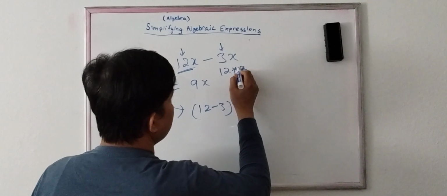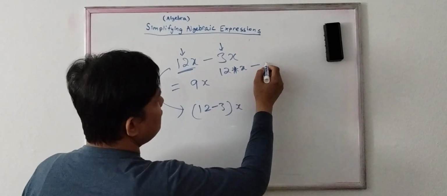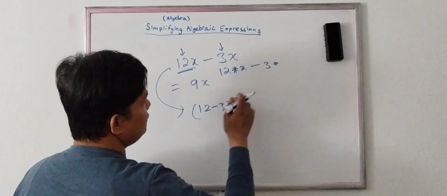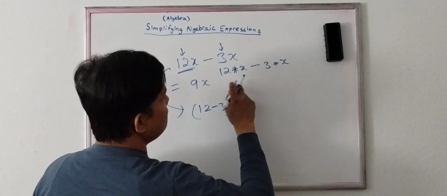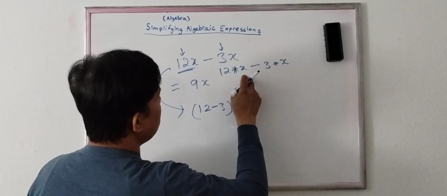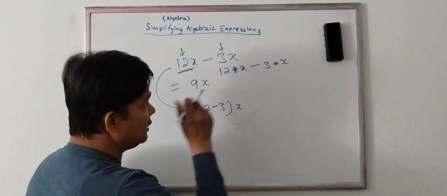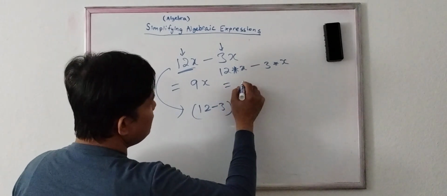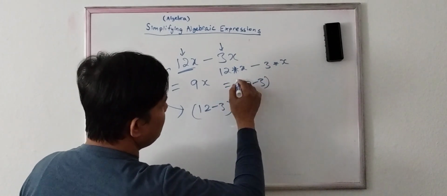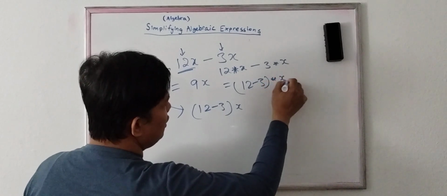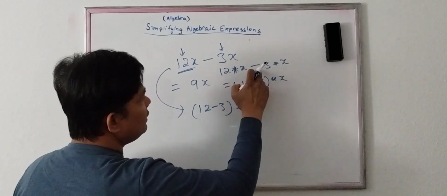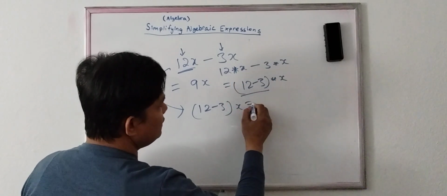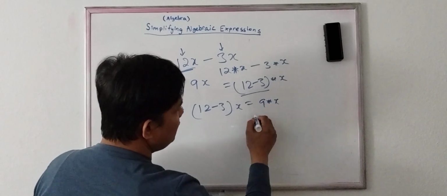Let me use the star sign for multiplication: 12 star x minus 3 star x. On the keyboard, star is used for multiplication, so just to make sure that you are not getting confused between x and the multiplication sign, I use the star sign. You can take x as a common factor, and then the operation is 12 minus 3, which is 9 star x, which is 9x.